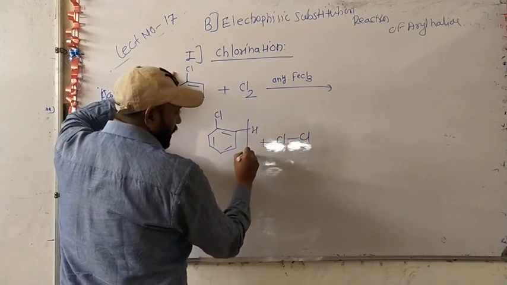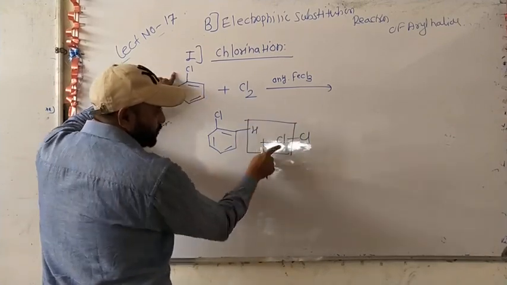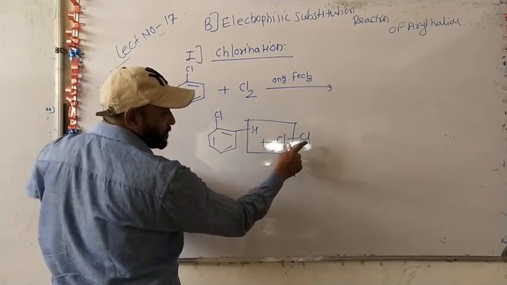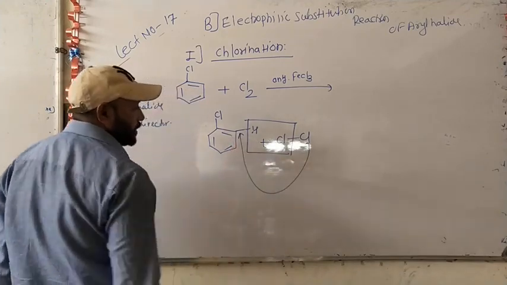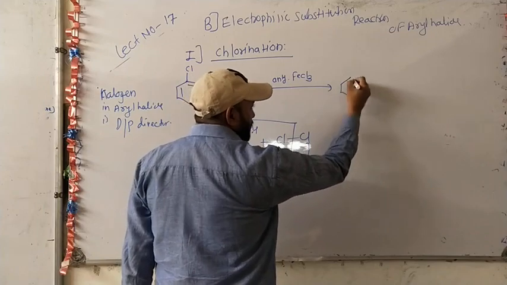From ortho, hydrogen is lost, and from chlorine, Cl. So what is lost? HCl. And this hydrogen of ortho is replaced by this chlorine. So what is the first product?